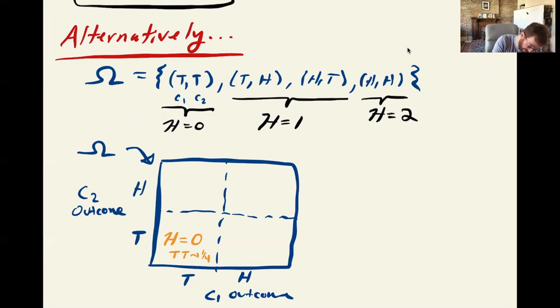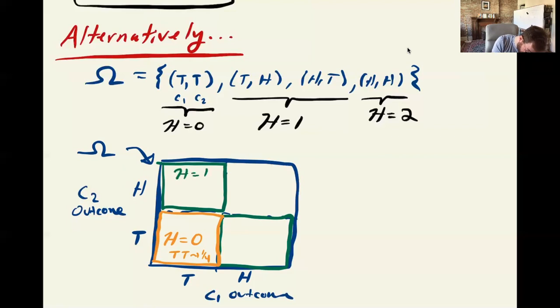By contrast, if I look at my green event here, maybe go ahead and box this in too. If I look at my green event here, this corresponds to the region where H equals 1. And I see already that this is tail heads, which has a probability of a fourth.